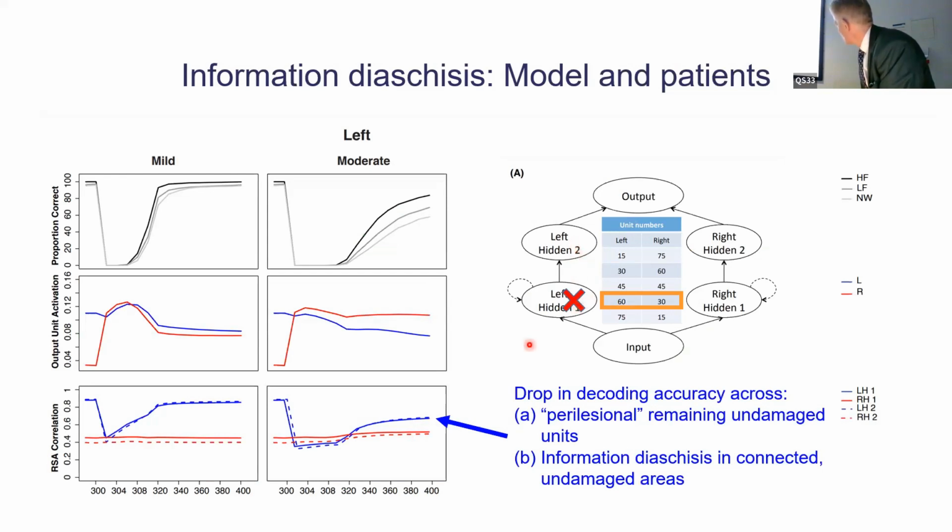And we see a drop of decoding in the peri-lesional but remaining units in the damaged part of the model. People are often interested in peri-regional recovery, but also in connected brain regions that don't have a physical lesion but are connected. And so you see this whole system is dropping, and that comes out in the model as well.